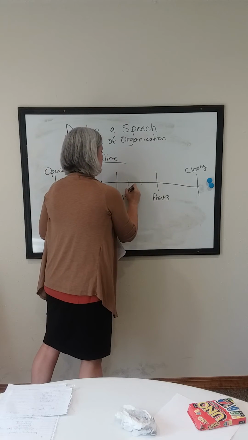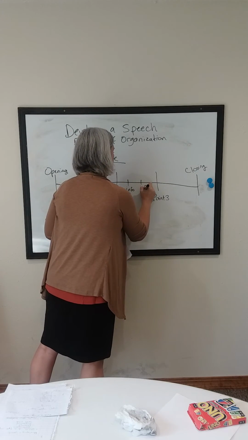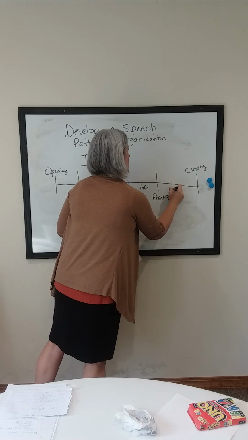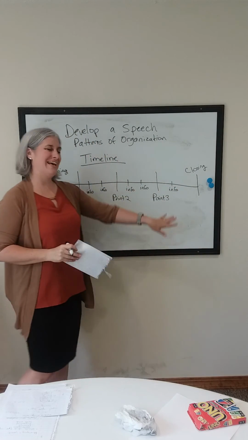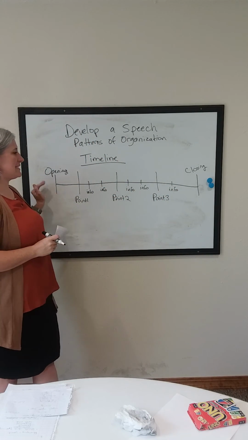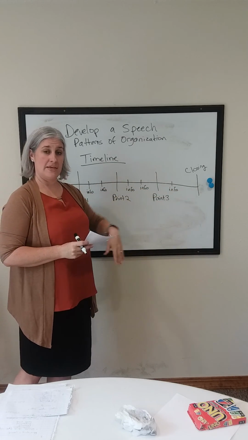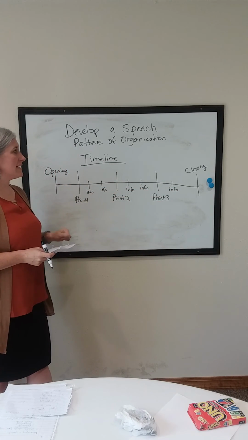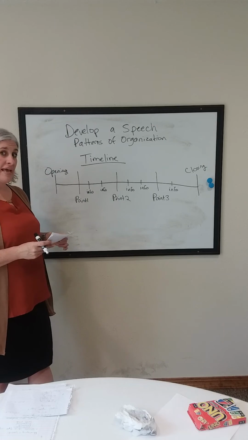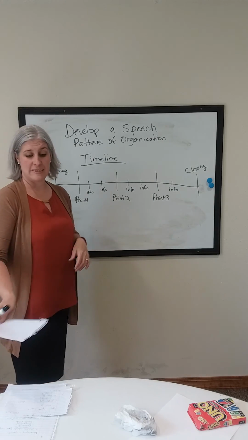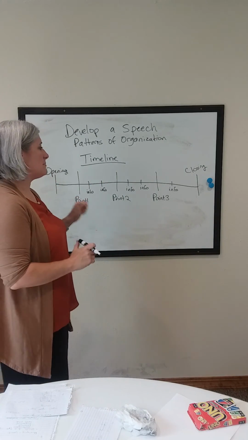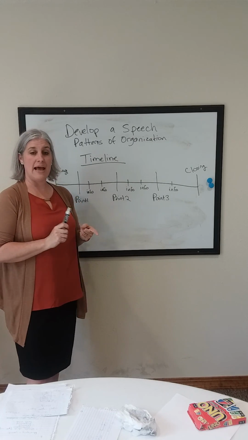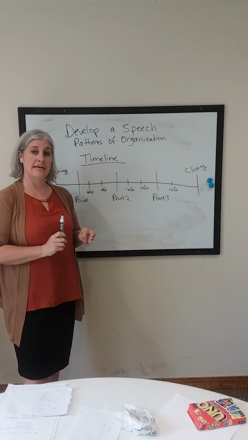A little extra info about that one. And this one only has one because there's not. All right, so you can see it looks like a timeline. And this is a good way of organizing your information if you're doing a biographical speech. So those are the three types: outline, flowchart, and timeline.